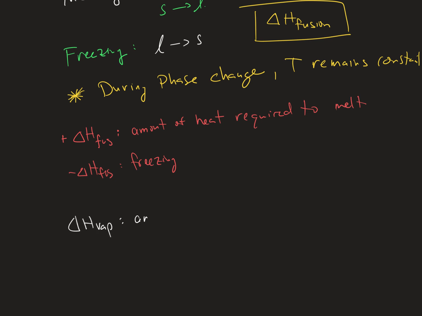Is the amount of heat required to vaporize a liquid. And if it was going the other way from gas to a liquid, then it would be what? Gas to liquid would be a negative, right?